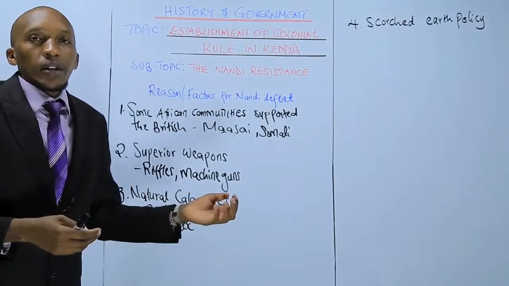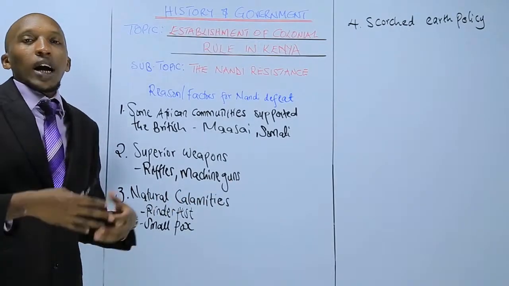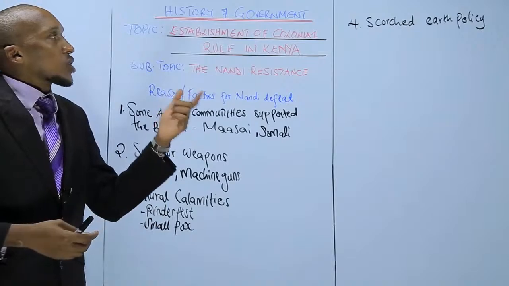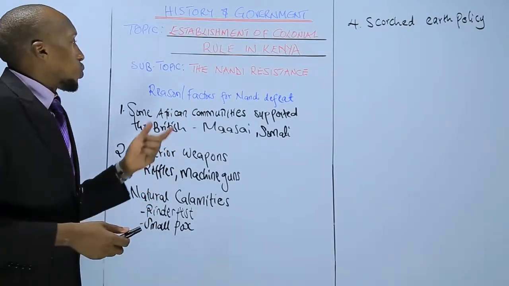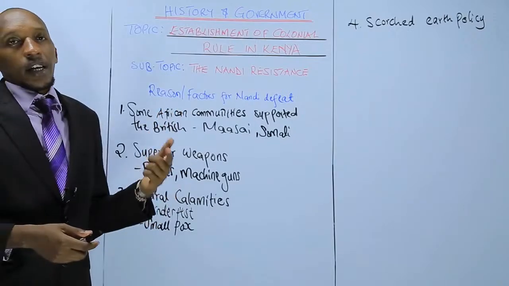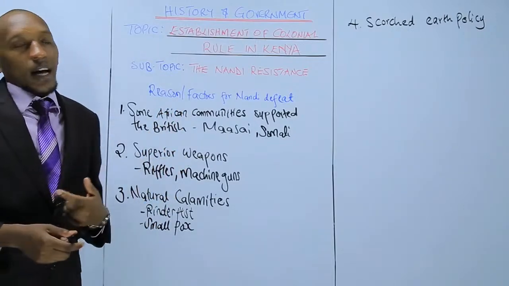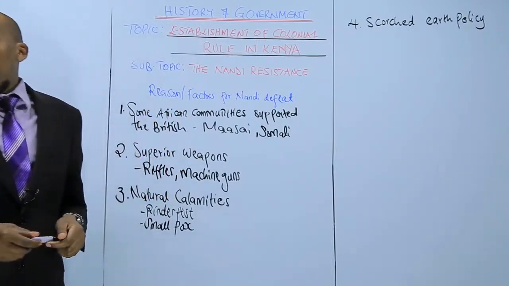So when the Nandi came back, they were unable to get food. So the scorched earth policy to some extent also contributed to weakening the resistance by the Nandi, and ultimately they were defeated.